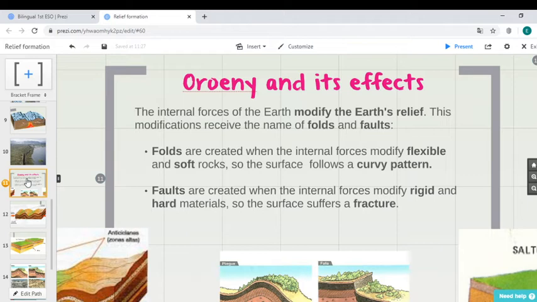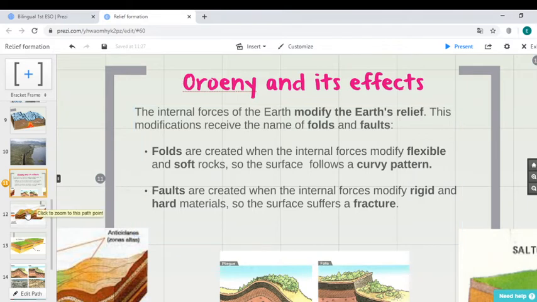You're not going to notice how the relief changes, but in 1,000 years, in 10,000 years, a million years, the relief is going to change. Depending on the materials, the force of those tectonic plates colliding and separating can cause two different types of relief: the fold relief and the fault relief.